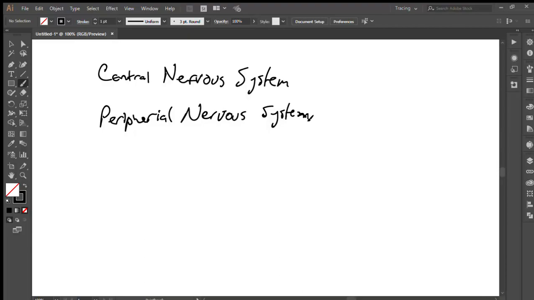Okay. Central nervous system is the brain and the spinal cord. The center of your nerves. Brain and spinal cord. The peripheral nervous system is everything else.